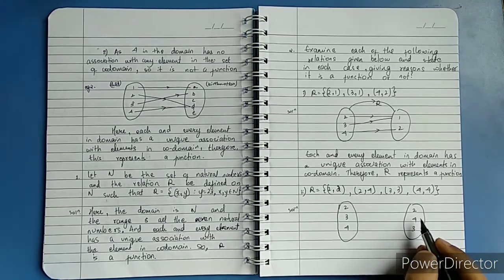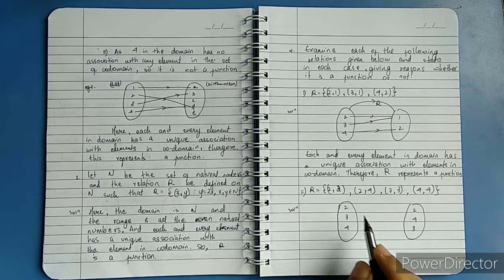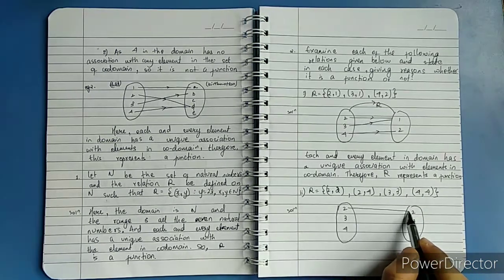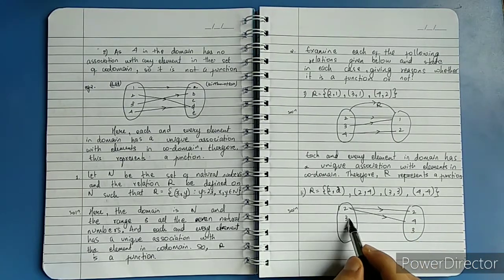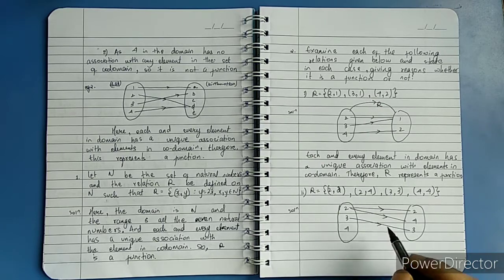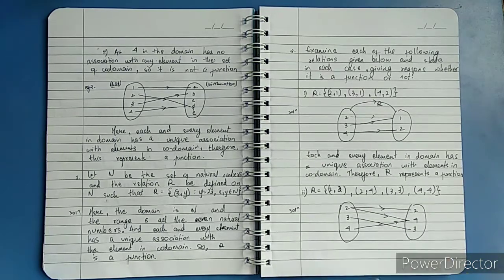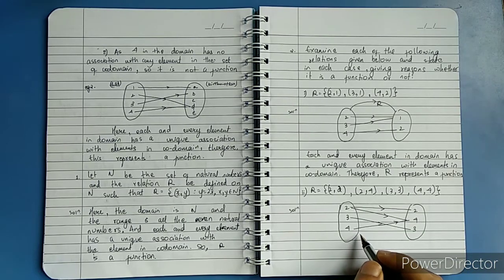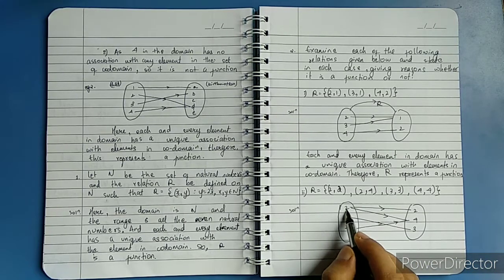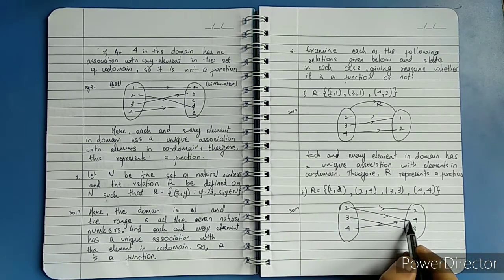We are not repeating 4 because repetition in case of set does not make any sense, so we can write them once, that's fine. So 2 is associated with 2, 2 is associated with 4, 3 is associated with 3 and 4 is also associated with 4. So a mother having 2 children is not a big deal, it's fine. But a child having 2 mothers is not possible because a child cannot have 2 birth mothers.